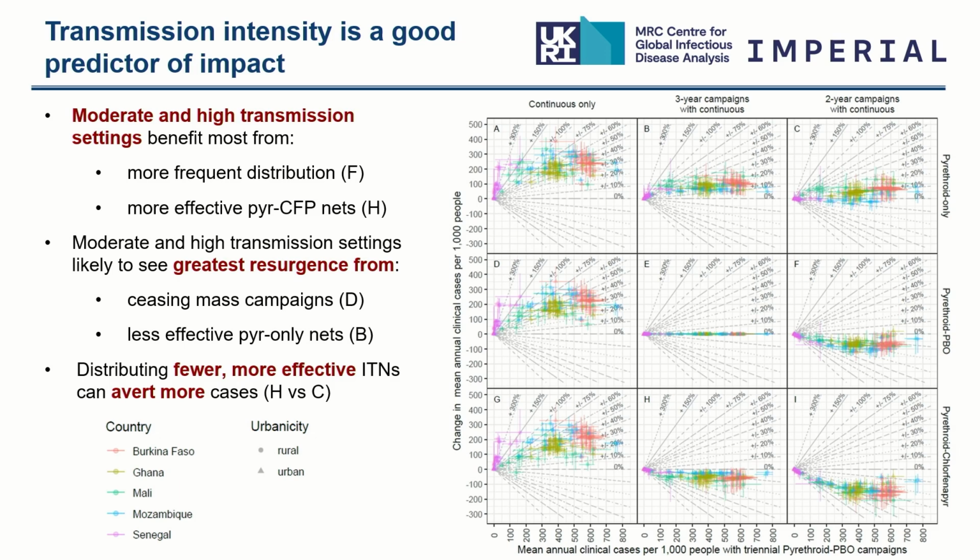We do estimate that though particularly low transmission regions may not have a significant increase in cases, there's again far more of a difference between going from a low transmission setting to a moderate one than from a moderate one to a high one.